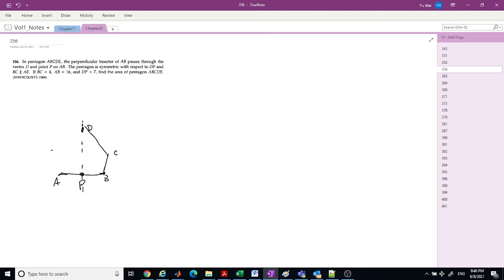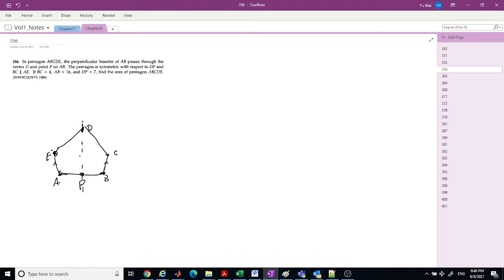So the pentagon is symmetric to DP means this is ABCDE. So E and C are symmetric, right? A and B are symmetric. This is the perpendicular bisector. Then you can see BC is also parallel to AE, right?